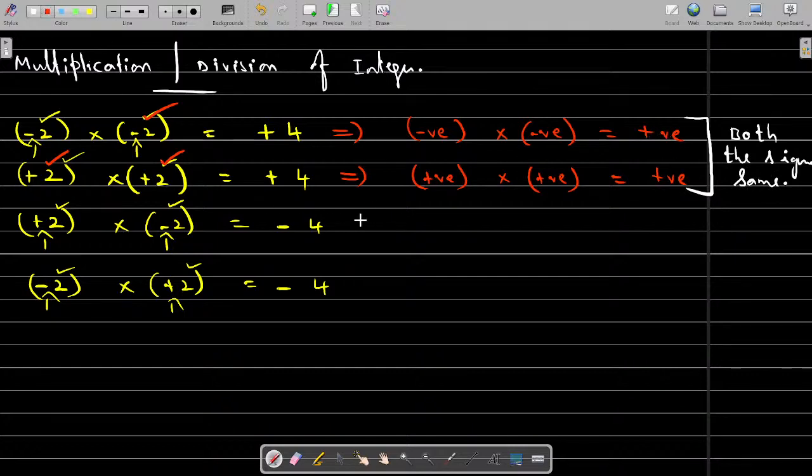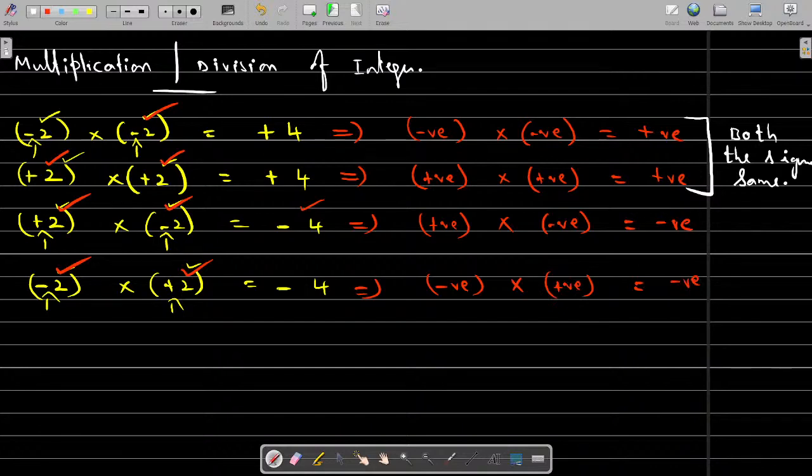The next set: a positive value into a negative value. What do you get here? A negative value. This is minus 4, right? And a negative value into a positive value gives a negative value.